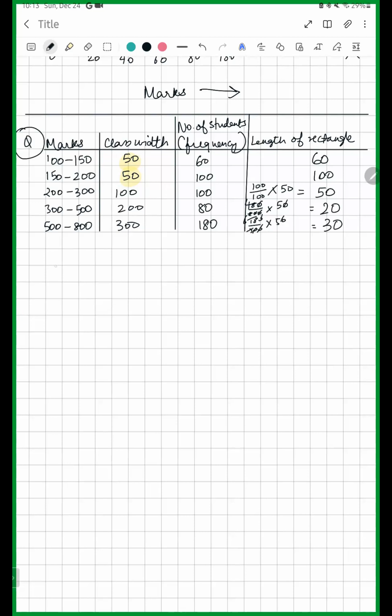Now we make the table. It's going to be a pretty long table because it starts all the way from 100 and goes to 800.